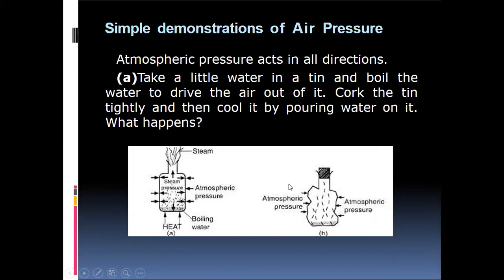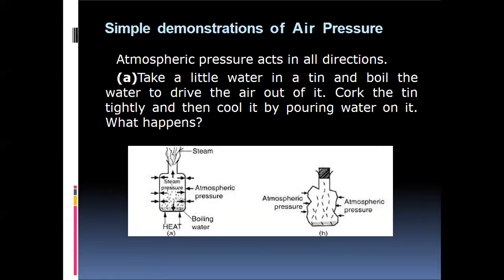What will you observe? You will observe that the tin can gets crushed. Conclusion: the rising steam drives out the air from the tin can. When the lid is closed and cold water is poured on it, the steam inside the tin can condenses into water.